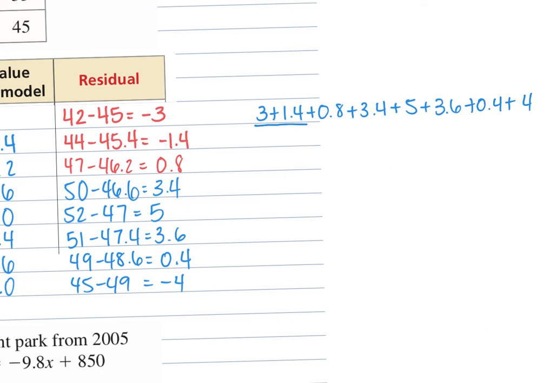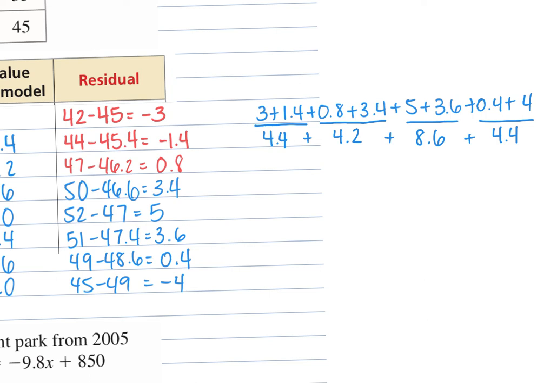So 3 plus 1.4 is going to give me 4.4. 0.8 plus 3.4 is going to give me 4.2. 5 plus 3.6 is going to give me 8.6. And 0.4 plus 4 is going to give me 4.4. Did I miss anything?